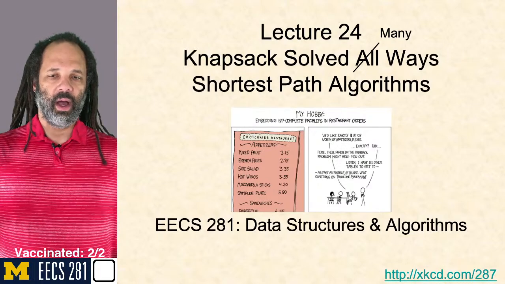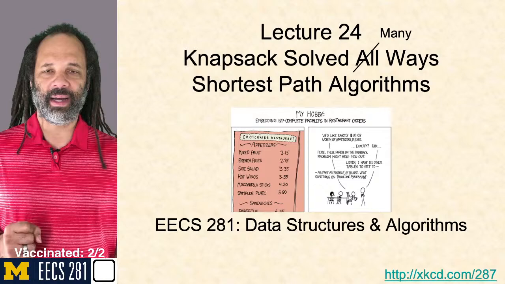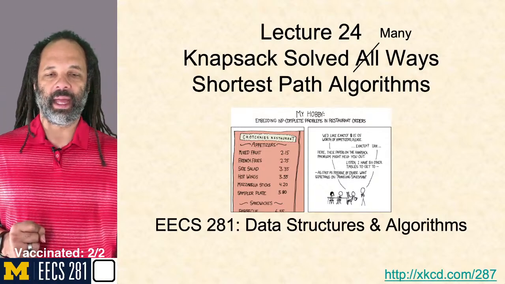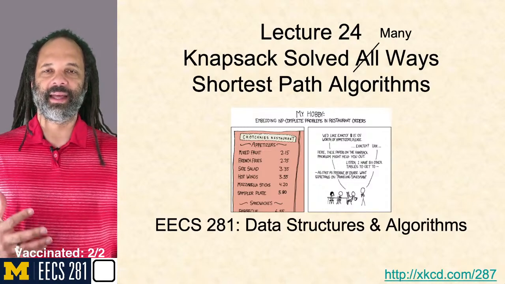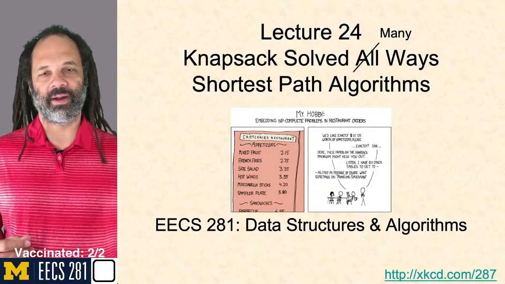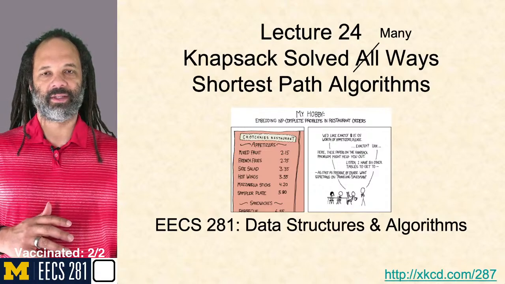Okay, so on the front here, we've got our last XKCD possibly of the semester, at least our last one for content. And this has got some knapsack in it. I talked about how the XKCD comic is really smart and really funny. And we got some people at a restaurant.